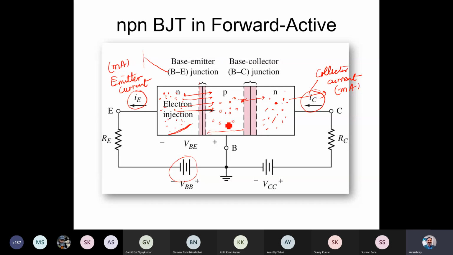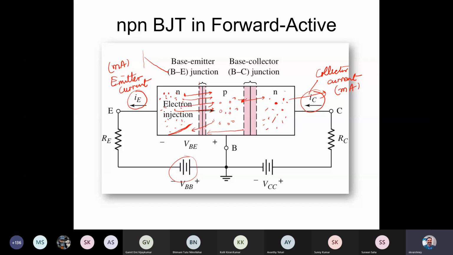Now, as I mentioned, what's happening in the base region is that some electrons may recombine, and the holes, which are the majority charge carriers here, will also diffuse across this junction.